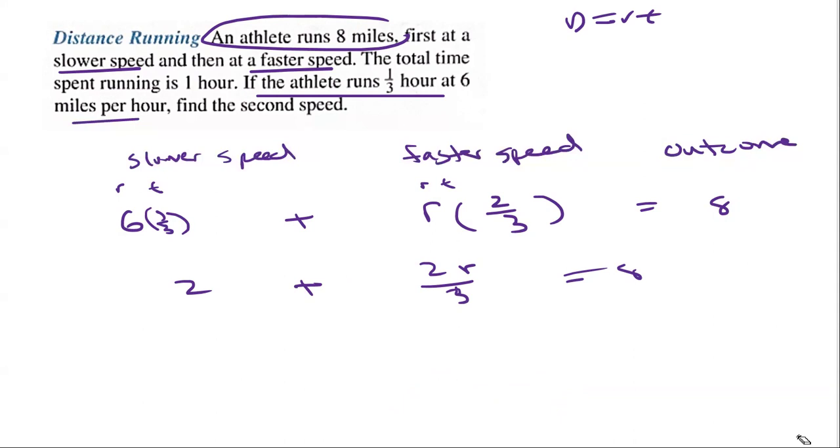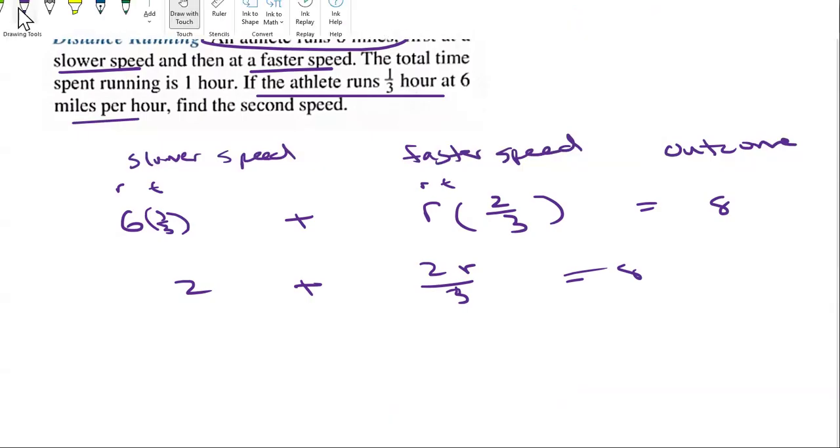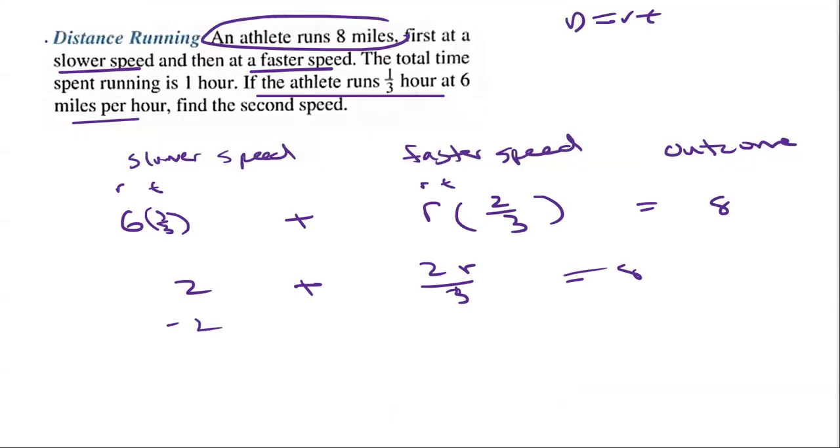Okay, and then we just solve for r. So we're going to subtract 2 on both sides. So that's gone, and we have 2r/3 equals 6. Okay, then we're just going to multiply by the reciprocal, say 3/2. That's the reciprocal. So it's 2/3, the reciprocal, that is 3/2. If it was 5/3, the reciprocal would be 3/5.